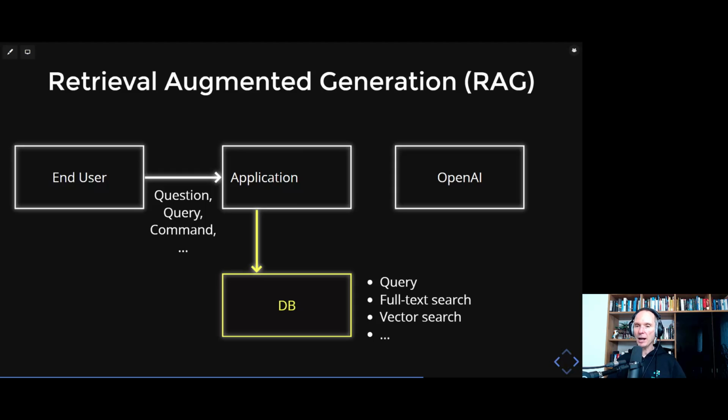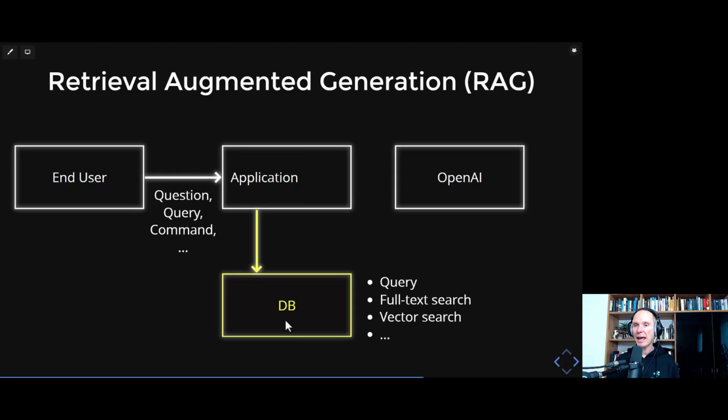That might be a relational database where you can use SQL, the structured query language. It might be a full text search, traditional full text search databases. But for our purposes here in this talk, we want to focus on vector search capabilities of databases. So you could use specific vector databases like Pinecone, Qdrant, or you can use existing databases that have vector search capabilities built in.